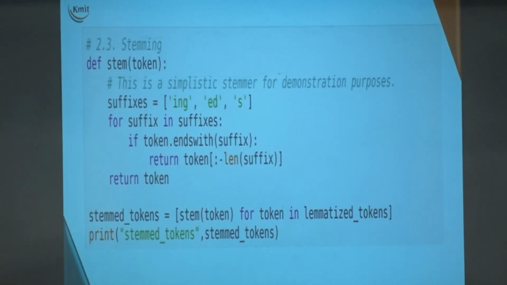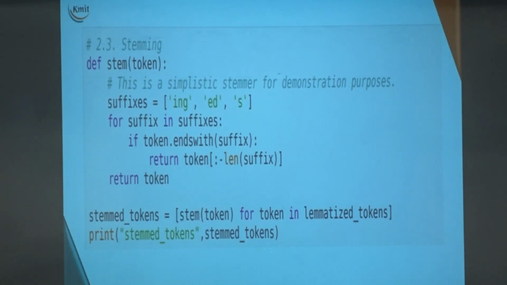back. What will you return back? Suppose I am giving fascinating as my token, ing is the suffix. It has encountered ing, ends with ing. What will it return out of the token? Fascinat. That means it should first check the length of the suffix ing, and terminate that part from the last of your token.